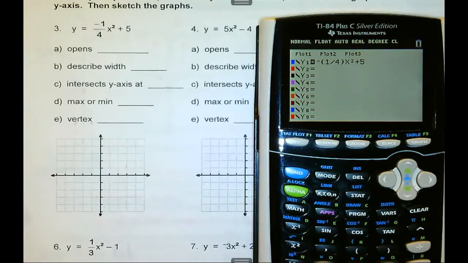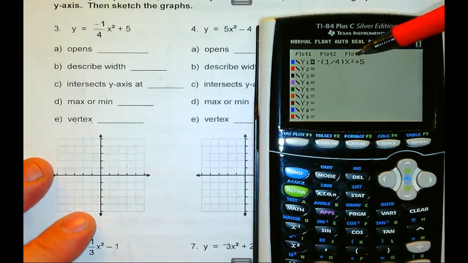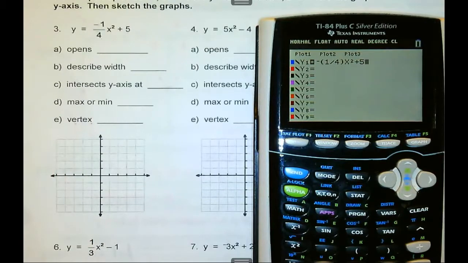Now, let's review from yesterday. We learned a couple of things yesterday, right? We know that since this is a quadratic, it's a quadratic because of the power 2, right? What kind of shape is it going to have? What do we call it? A U-shaped parabola. Okay.